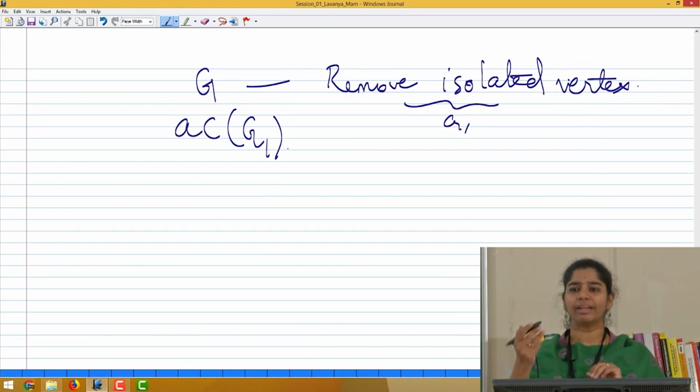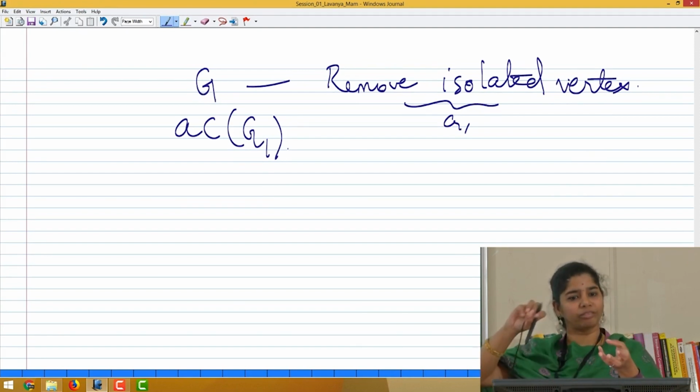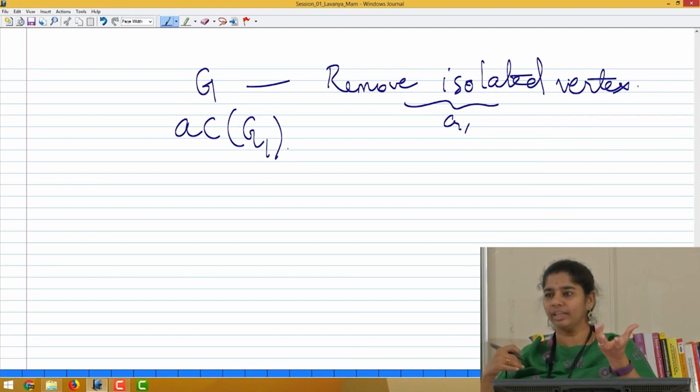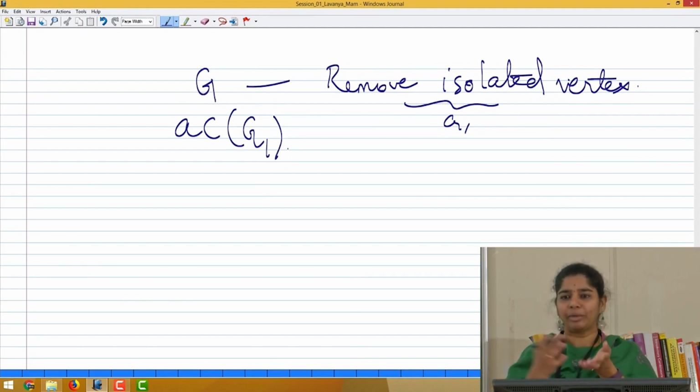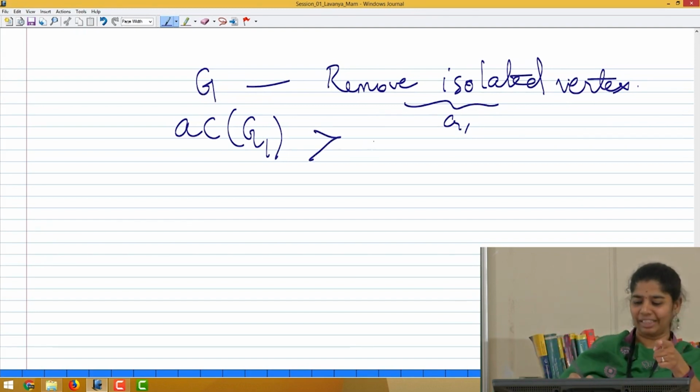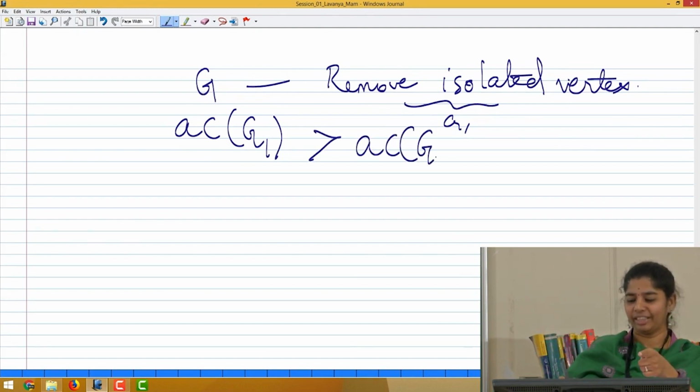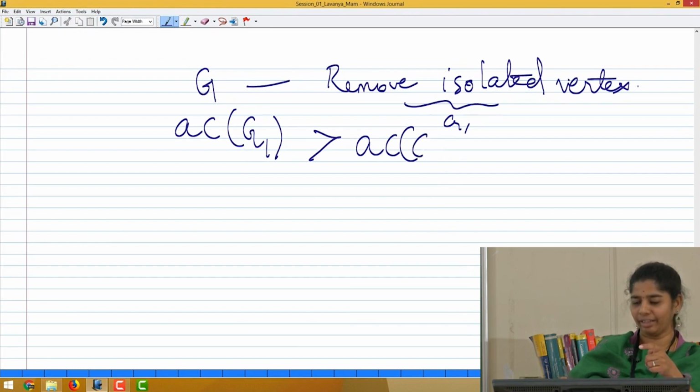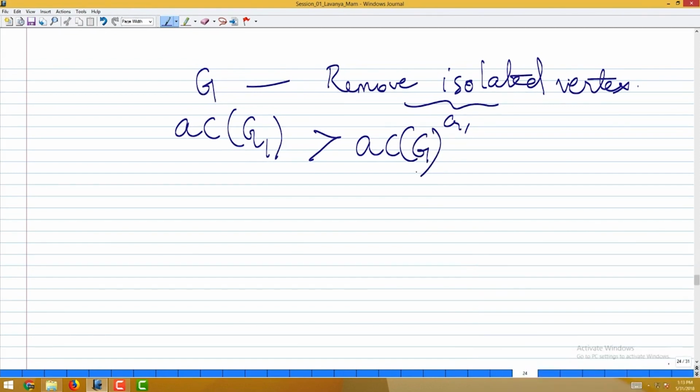Yes, it will increase, right, because my G1 might now become connected after removal of this isolated vertex. So in that case my algebraic connectivity increases. So now we have got a counterexample to say that AC of G1 can be greater than AC of G. So this part we will keep aside.